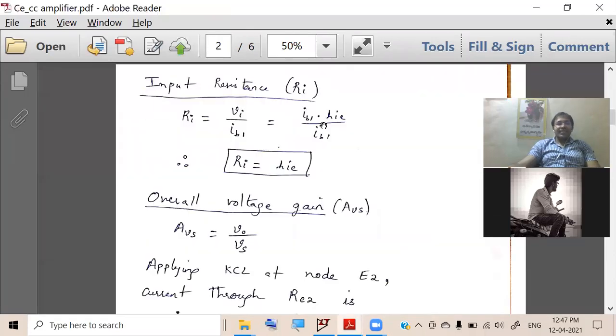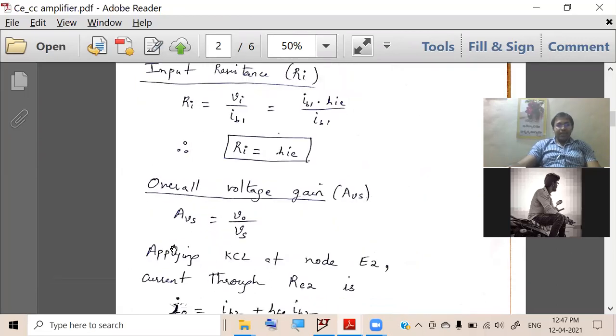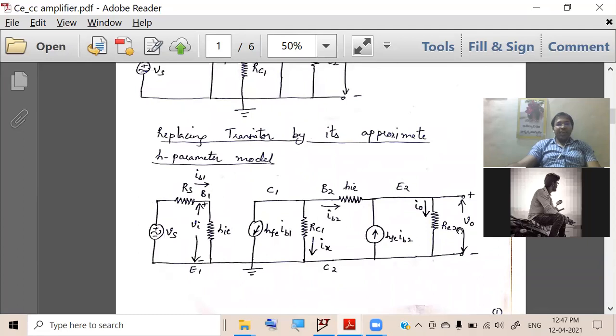You know AVS is output voltage divided by VS, V0 by VS. We discussed that many times so far. Now, what is the plan? How can we get V0?